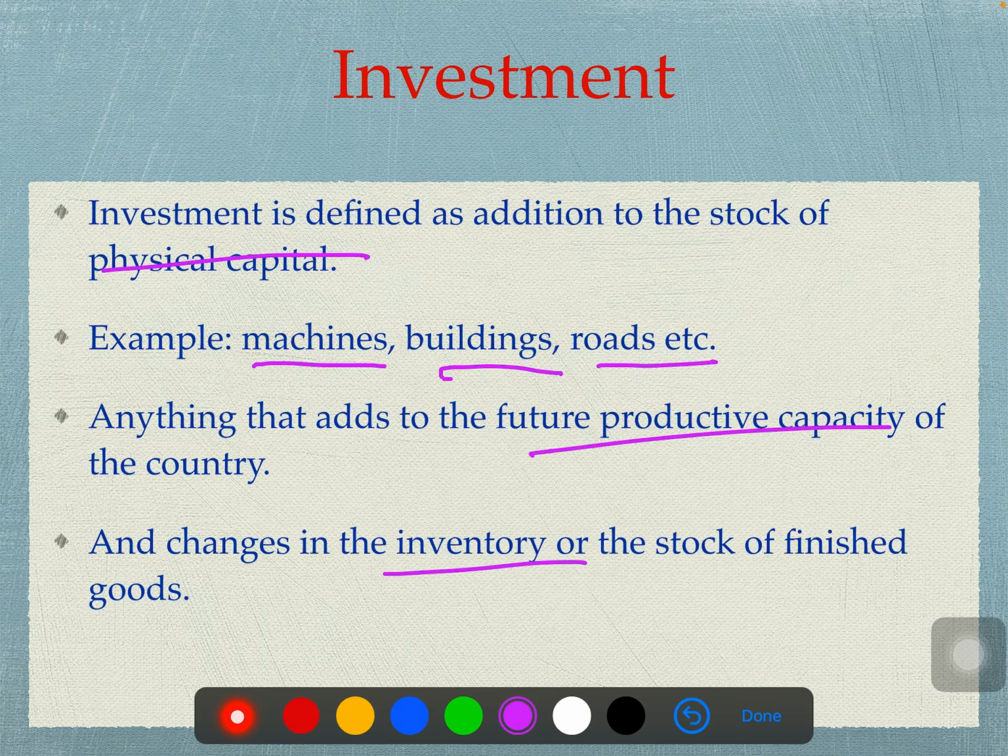Inventory means the goods which are already produced, but we couldn't sell in this particular financial year, so they move to the next financial year. Inventory is really important. Even that inventory of finished goods, the stock of that is also going to increase. You can see this, the last point.